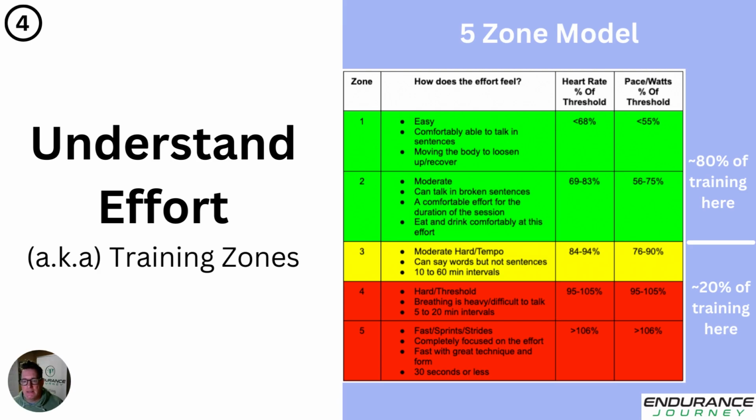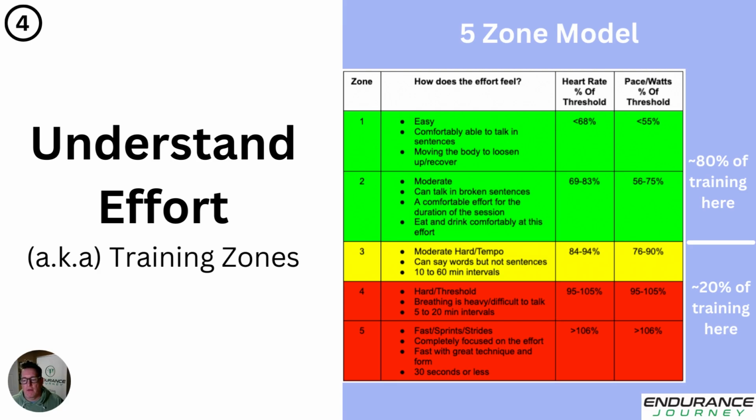So as you can see in zone 1, you'd be doing 67% or less of your threshold heart rate, 54% or less of your pace or threshold watts. That's an example. And you see the percentages move up as you move up into the zones as percent of threshold. So the effort gets harder, heart rate gets higher, pace and watts gets higher as the zone moves up in number. So that gives you an idea.